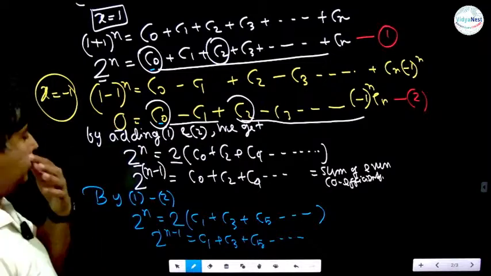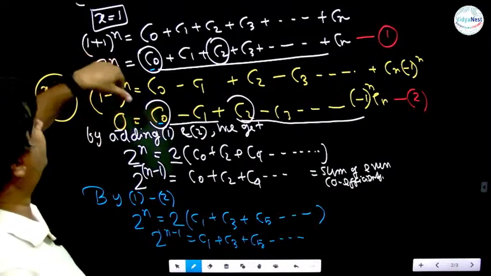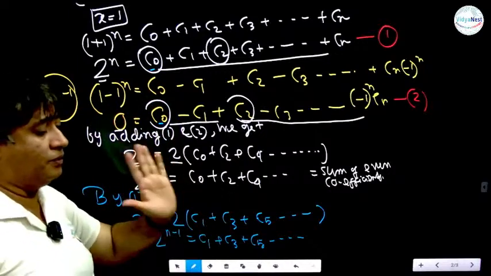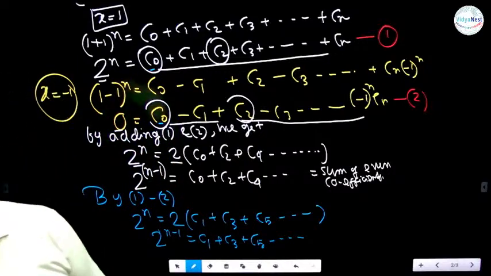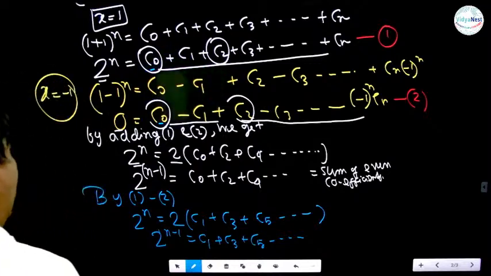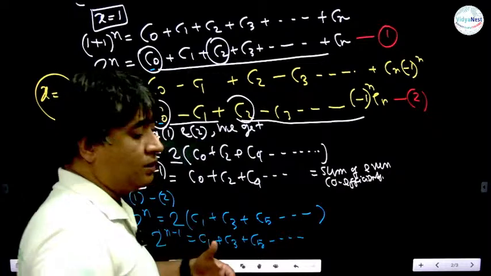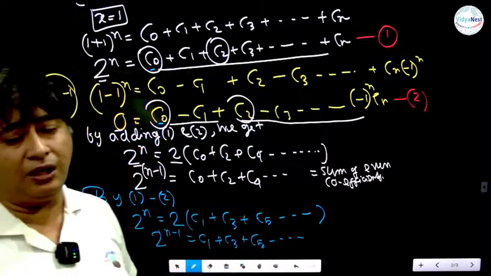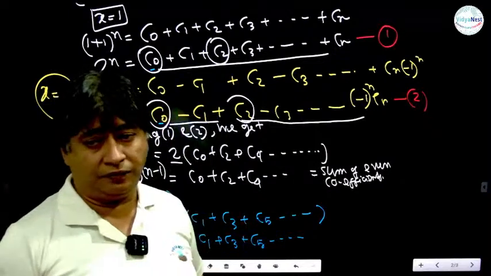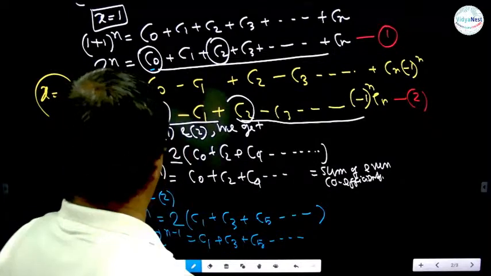So this is the way in an expansion like this you will get the sum of the even or the sum of the odd coefficients. Now, in binomial, sometimes we will have the requirement of differentiation and integration. How? Let's see.